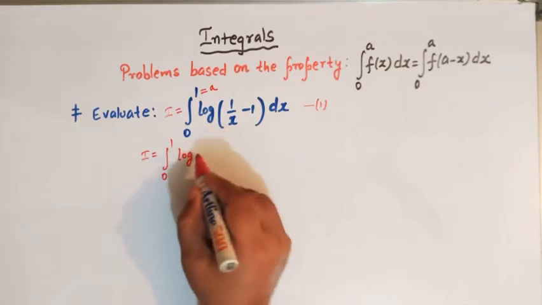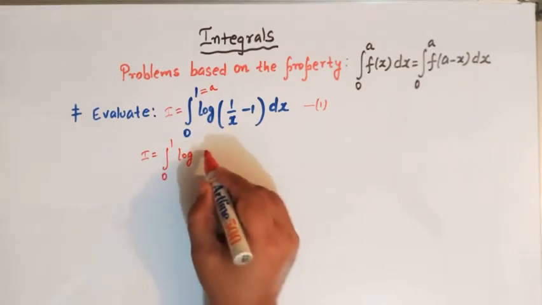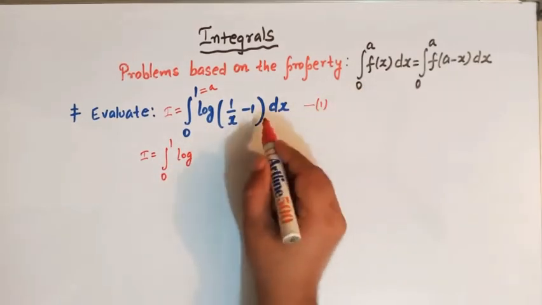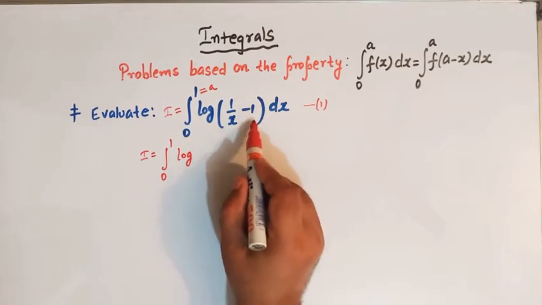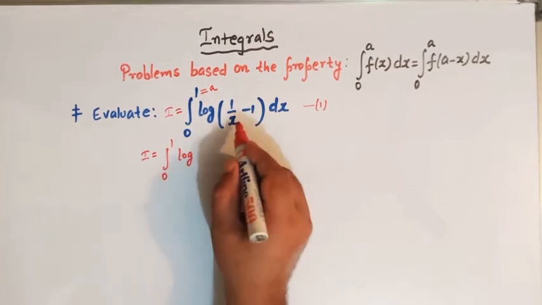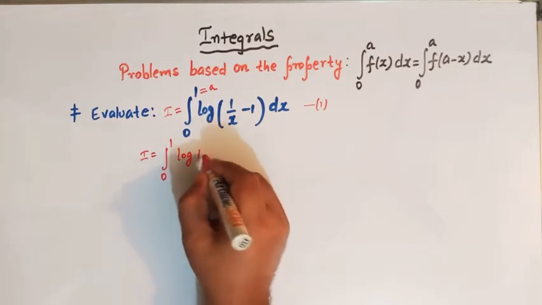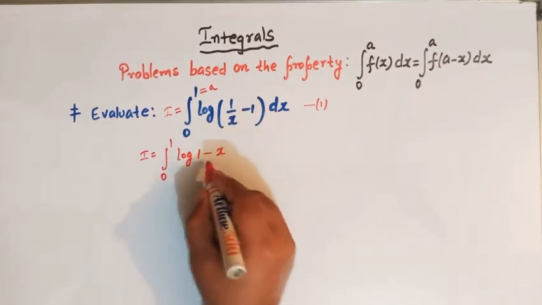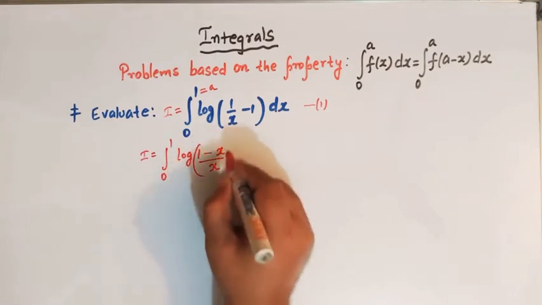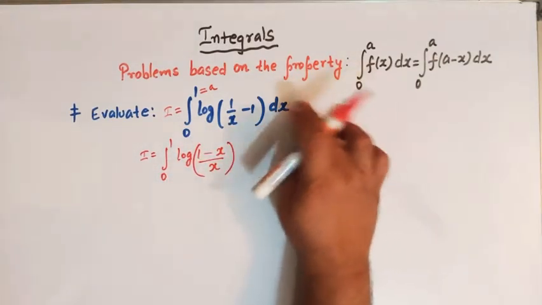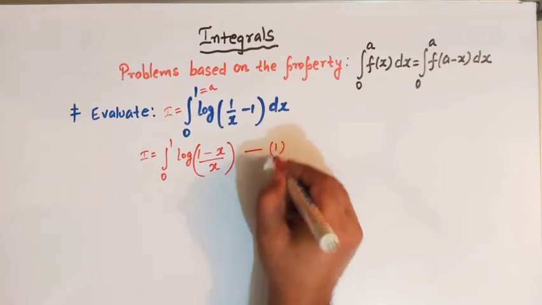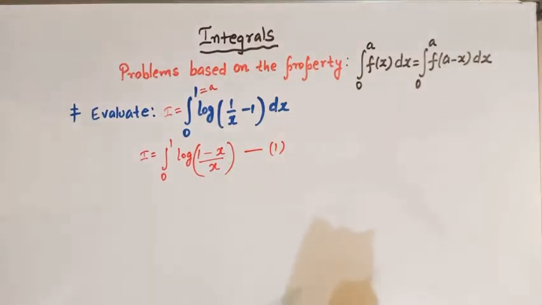First of all let us write this integral in a simplified form, and we can write it as log of 1 minus x divided by x, right? So let us now call this equation 1, right?